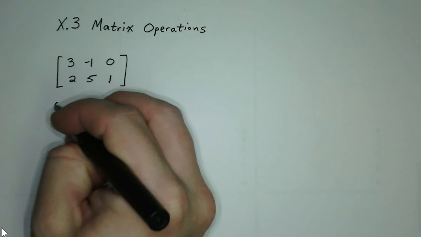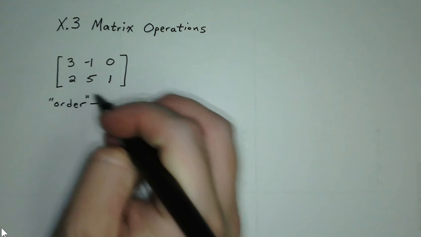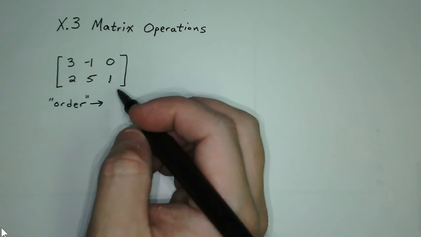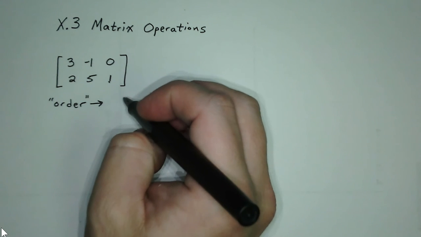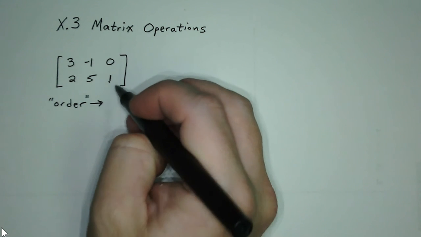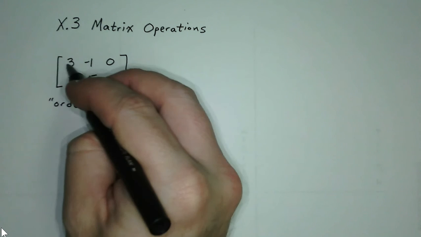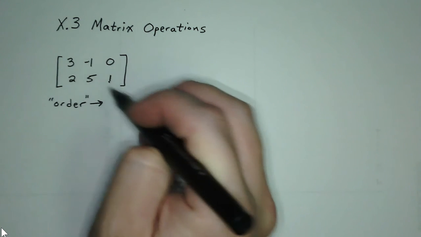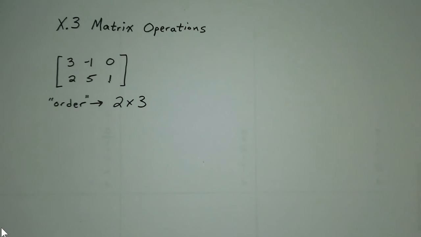So the first thing I want to talk about is the order of a matrix, or the shape of a matrix. The order, which is actually a pretty official term, is really just the shape, and to specify that, we just look at the number of rows and the number of columns. So there are 2 rows in this matrix and 3 columns. So we describe the order as a 2 by 3.